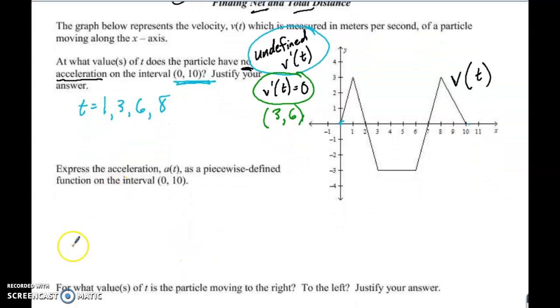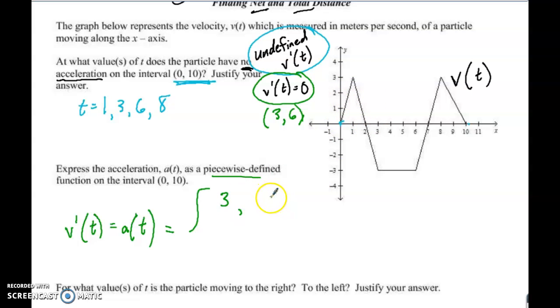Because remember, acceleration is the derivative of velocity. And so if we're tasked with finding this as a piecewise defined function, it's basically just saying what's the slope of every one of these pieces. So starting with the first piece, a slope of 3 between 0 is less than t is less than 1.